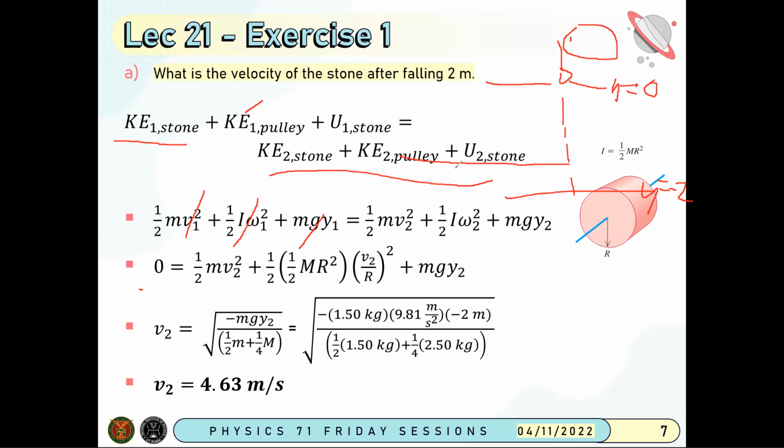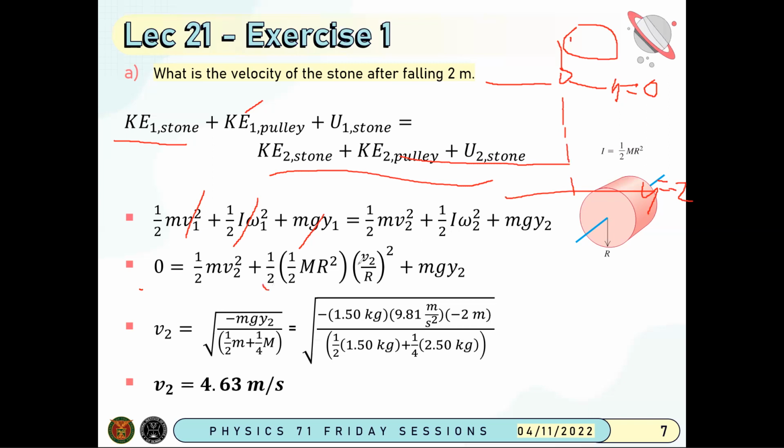Okay. So in the final state, we have the velocity or kinetic energy of the stone, 1/2 mv squared. And v is what we are looking for, the final velocity of the stone. Then we have the rotational kinetic energy of the pulley, so 1/2 I omega squared. Okay.